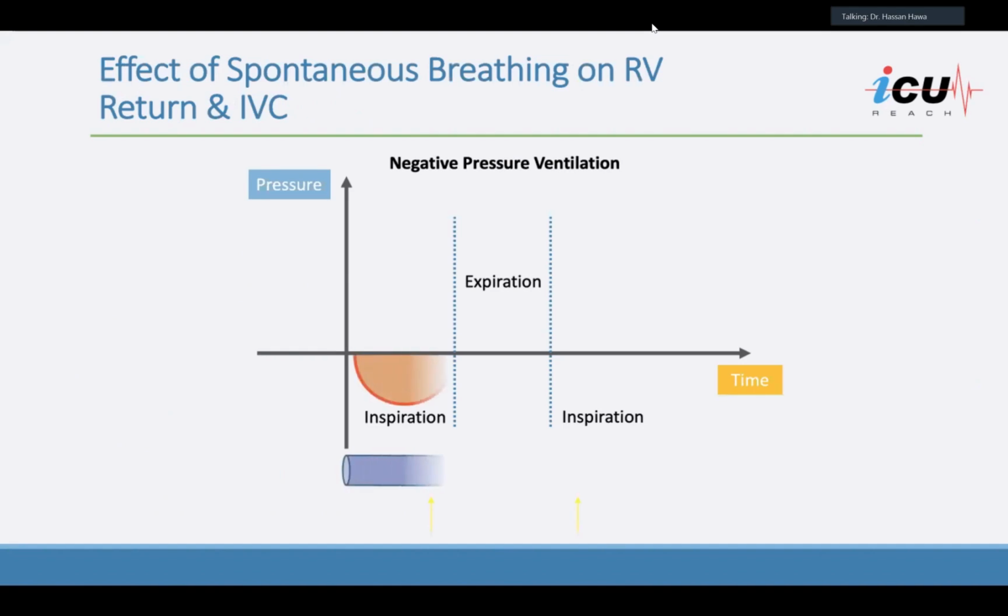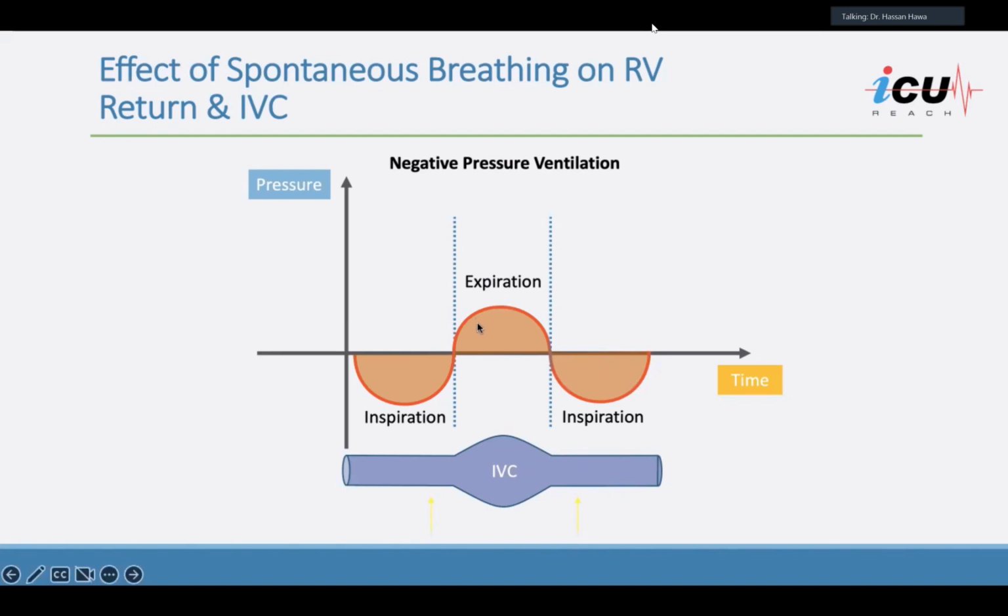Now, this is the schematic diagram of the spontaneous breathing, and here we can see that in inspiration we generate negative pressure. When we are talking about the hemodynamics, this negative intrathoracic pressure will lead to a higher gradient for the blood to run through the inferior vena cava, and that's why the inferior vena cava ends up collapsing.